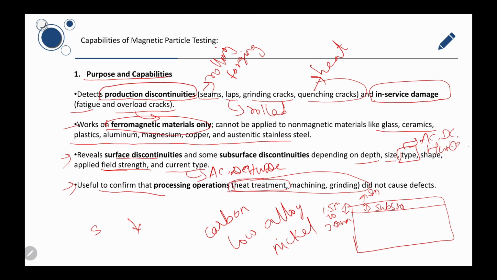Heat treatment involves heating and cooling the material to change its properties. If done incorrectly, it can cause quenching cracks or other thermal damage. After these operations, MPT can be applied as a quality check to ensure no new discontinuities have formed, helping maintain product integrity before the part moves to the next stage or goes into service.